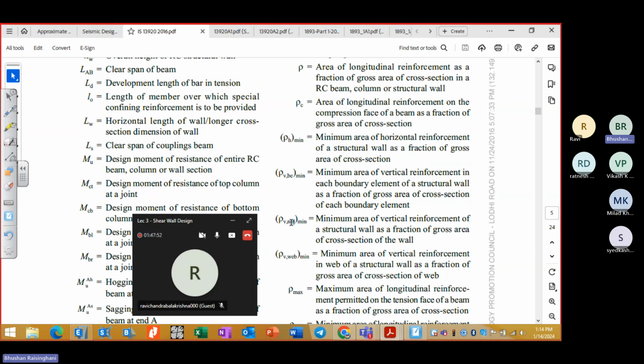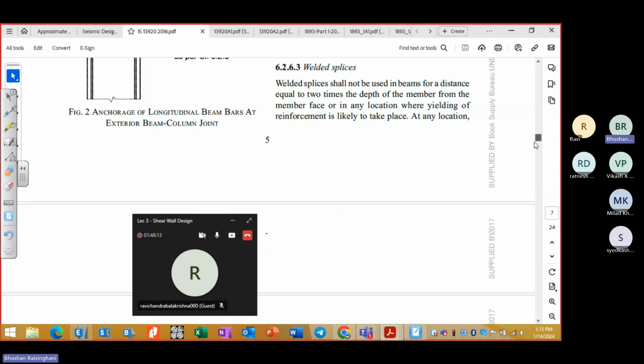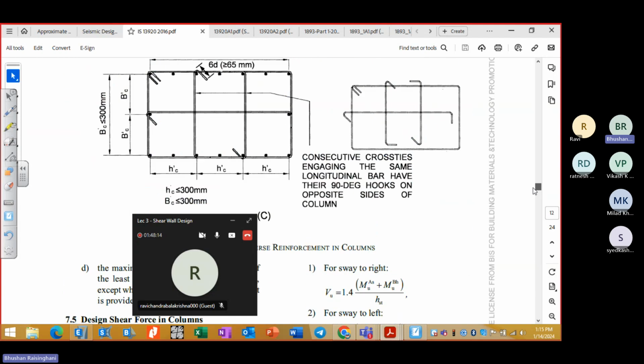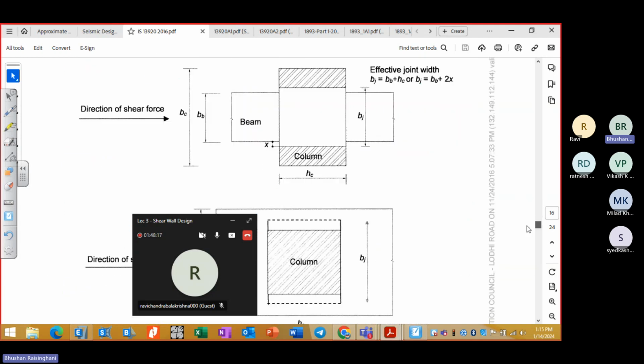This is the net section to be provided, and this is the net reinforcement to be provided, minimum net reinforcement. And in the web vertical direction, what should be the minimum in the web? So wherever net and gross is there, that means with respect to the full cross section area, this much is the minimum to be provided.